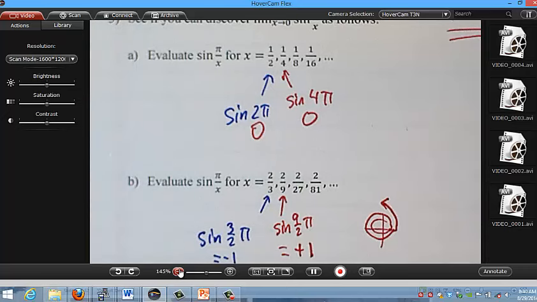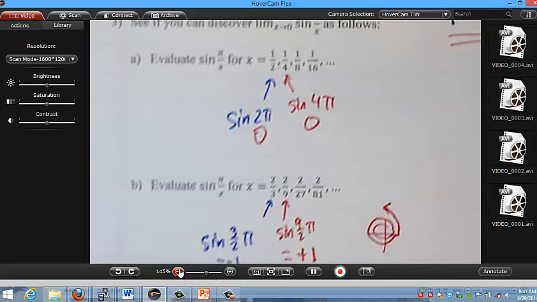Either way, I think what happens here is you get -1, +1, -1, +1. A beautiful little pattern emerges. But the point is, are we approaching a single value as we go towards 0? No. So, can you discover the limit?